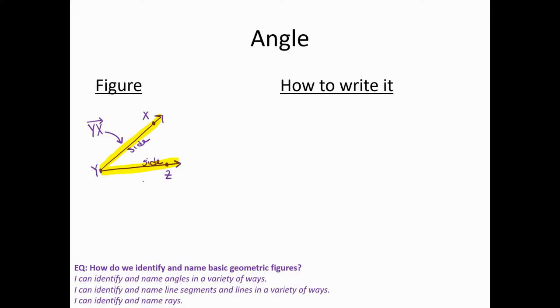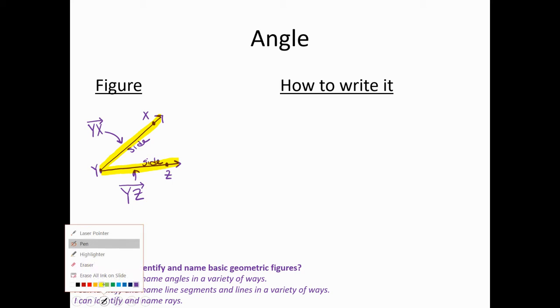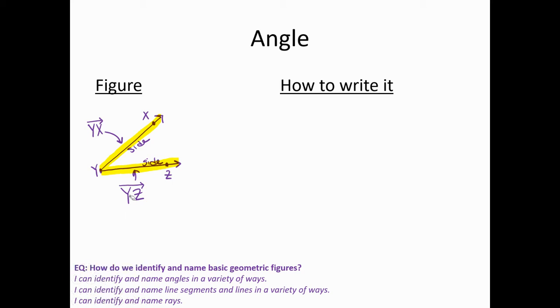So the sides of the angle are considered rays. This one would be called ray YZ, because the endpoint is at Y and it goes towards Z. So that side would be side YZ. Let me write that a little bit neater here.